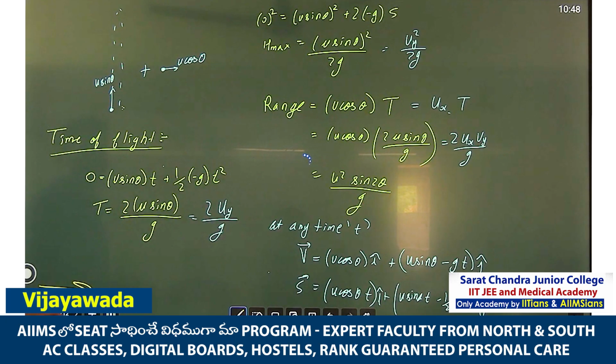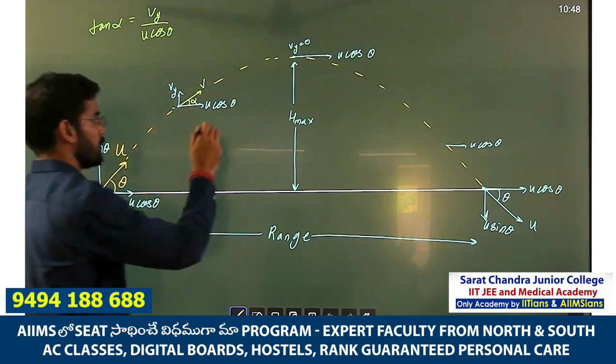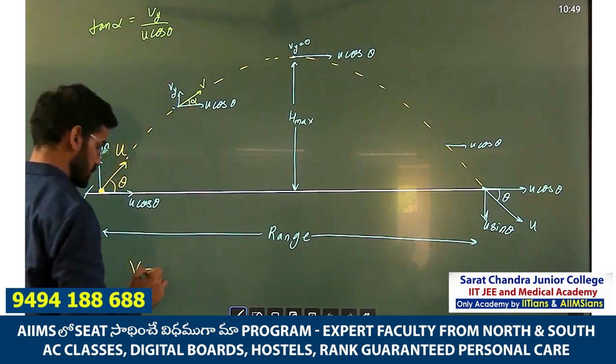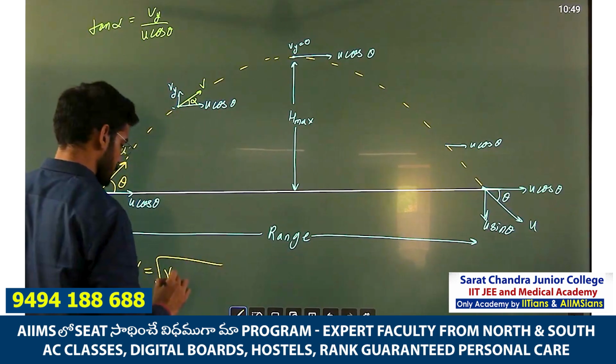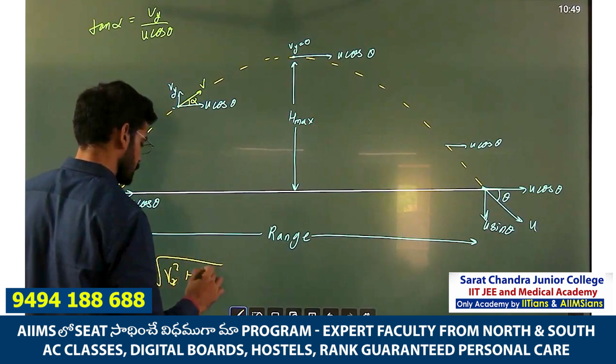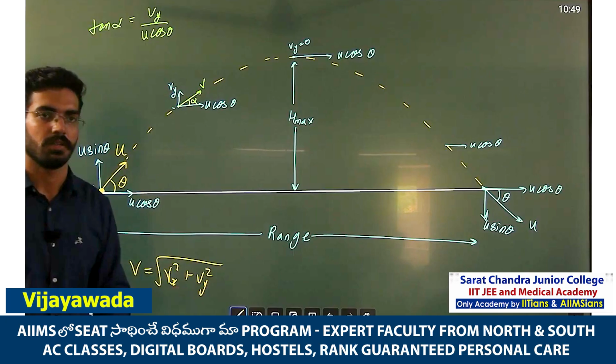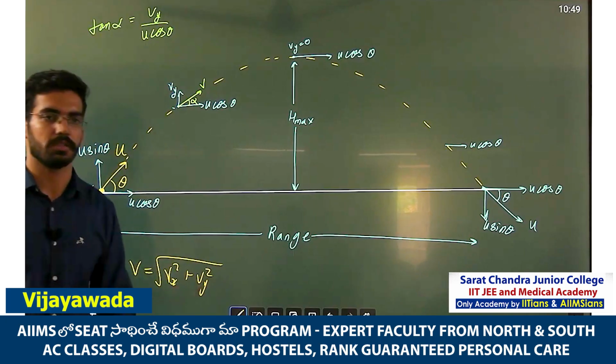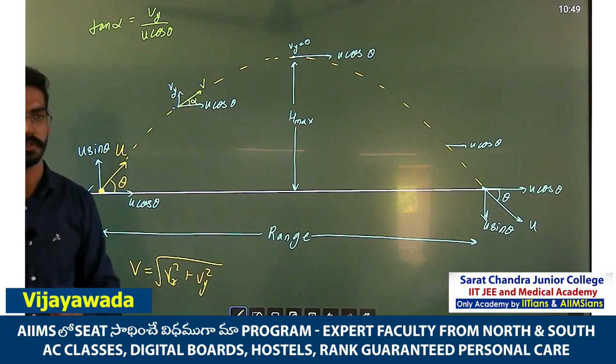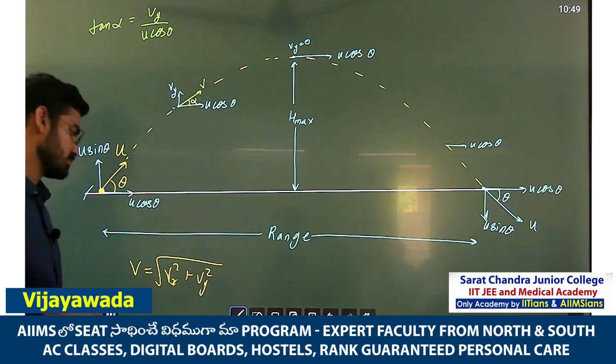So net velocity at any point of time is the square root of Vx square plus Vy square, right? Vx is constant, Vy is changing. What can be the minimum value of Vy square? 0. That is at the topmost point. That's the speed minimum. Got it? Okay.